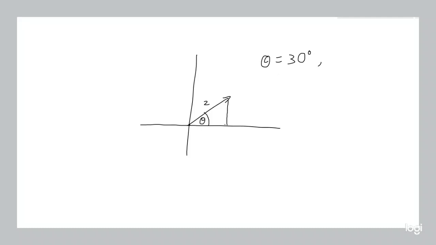Well, that vector forms a certain triangle, right? And we can calculate that the height of that triangle is 1, because we can take the sine of this angle and multiply it by the hypotenuse. The sine of 30 degrees multiplied by 2 will give us 1.